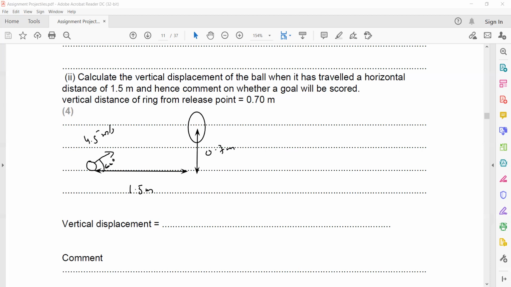So we want to comment whether it will pass through the ring.